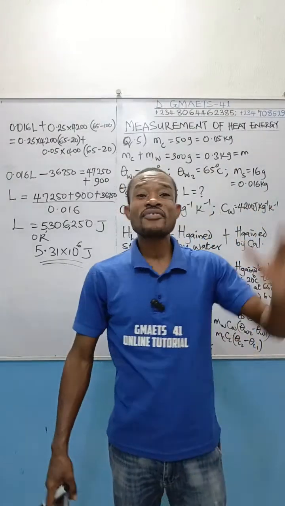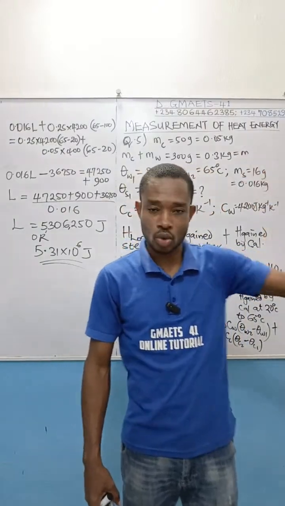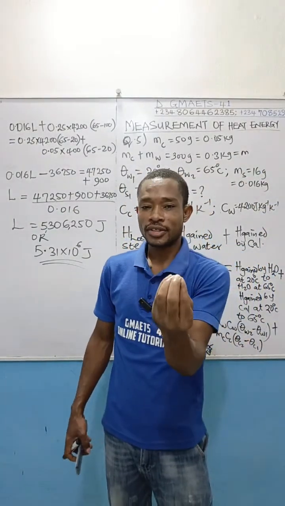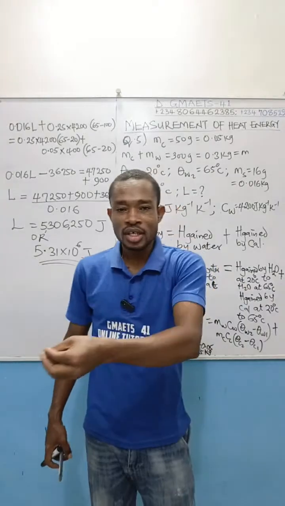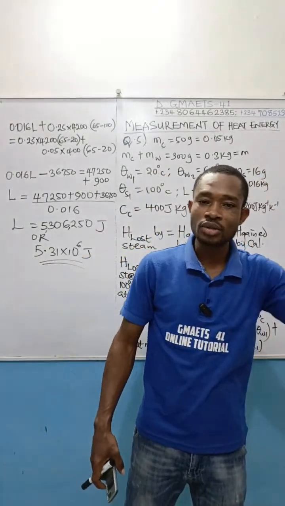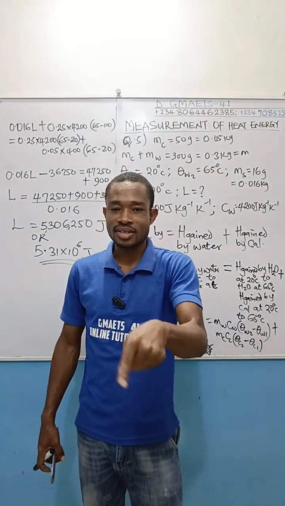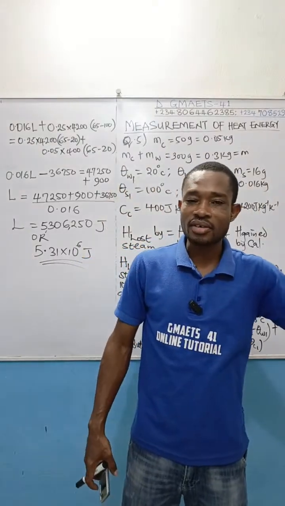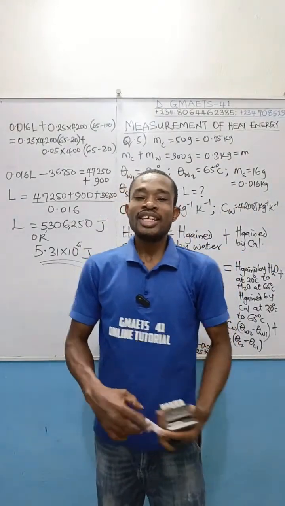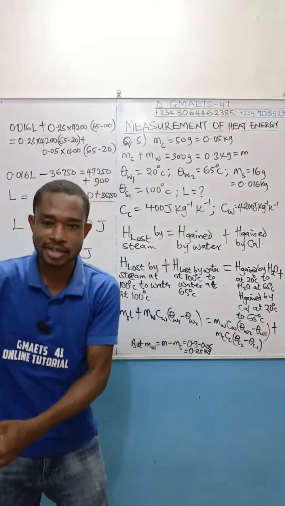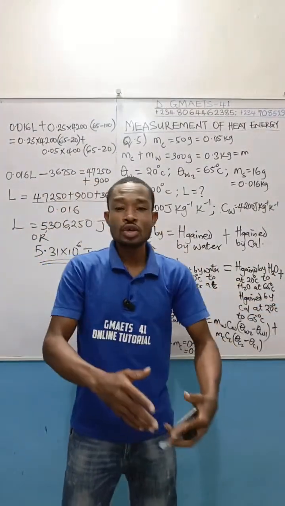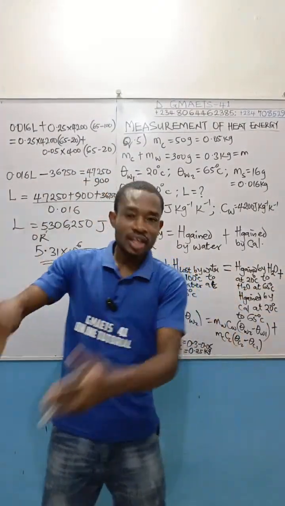So here you have ice. Ice will be at 0. Ice is solid. When it is melting to liquid, it will be ice at 0 degrees centigrade to water at 0 degrees centigrade. In that case, there is a change of state from solid ice to liquid.